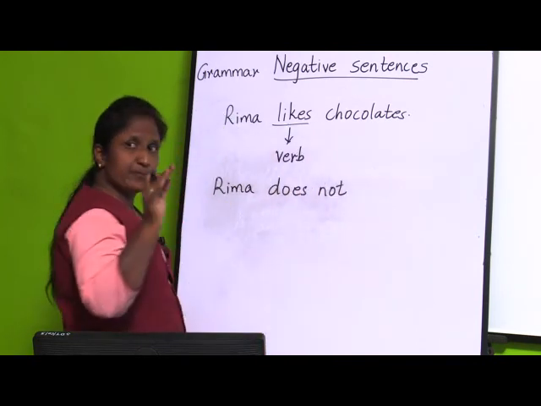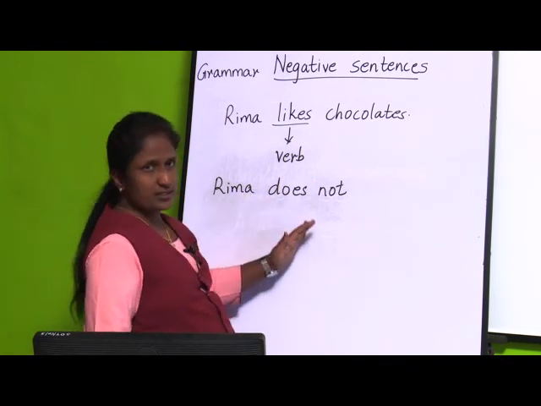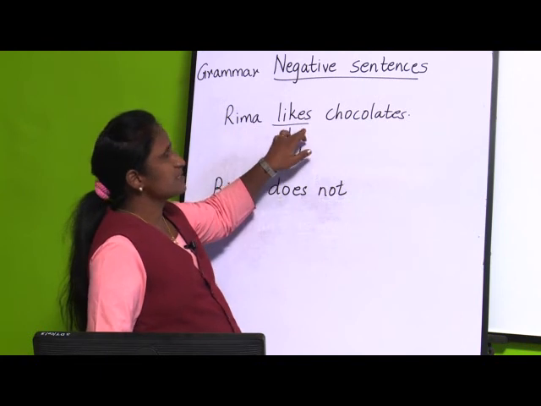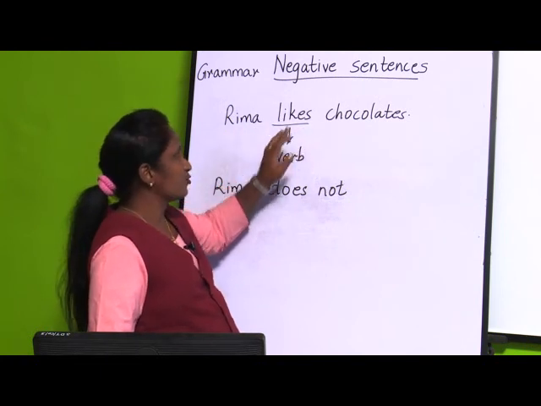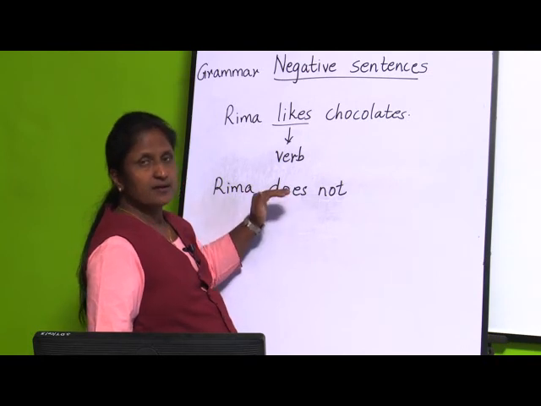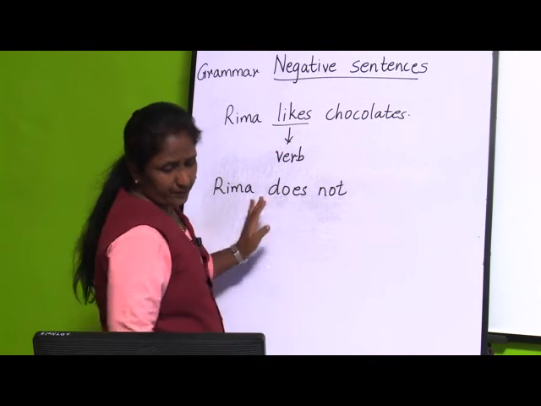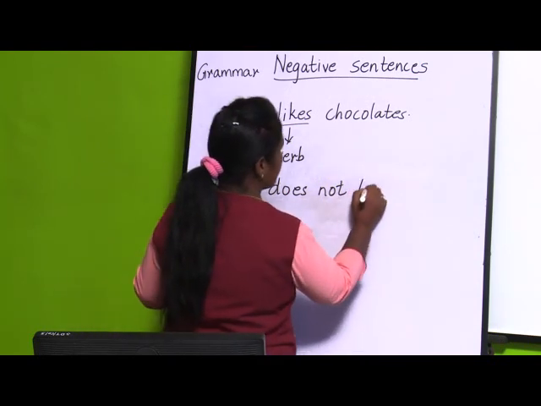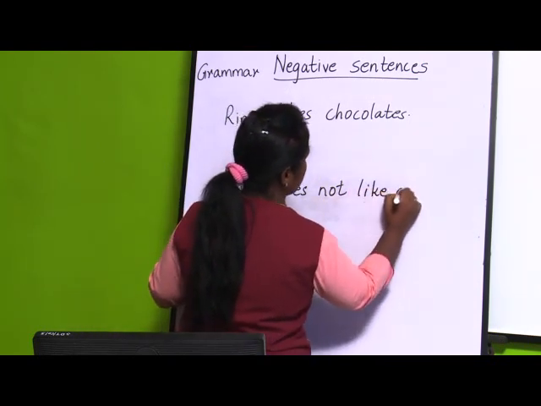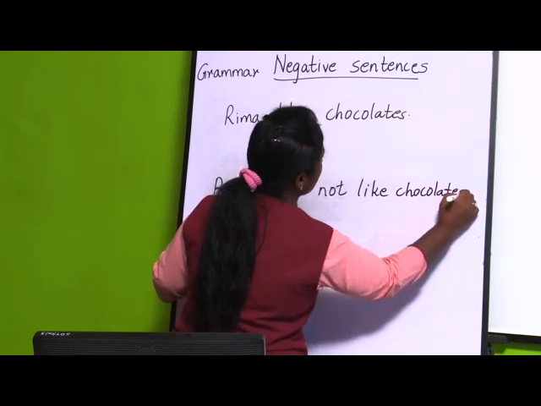This likes is in simple present tense, so we are going to use the negative words does not or do not. Reema does not like chocolates. Now it came to the original form of the verb.